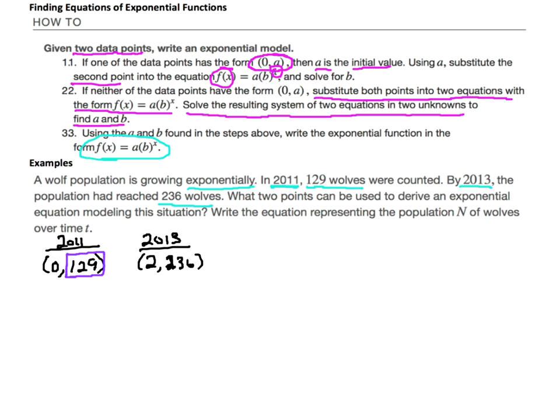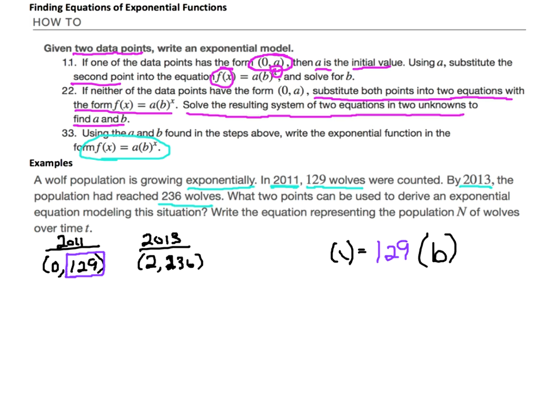So far, I know that f of x is equal to my initial value 129 times some b value raised to the, let me use the notation that they told us to use.